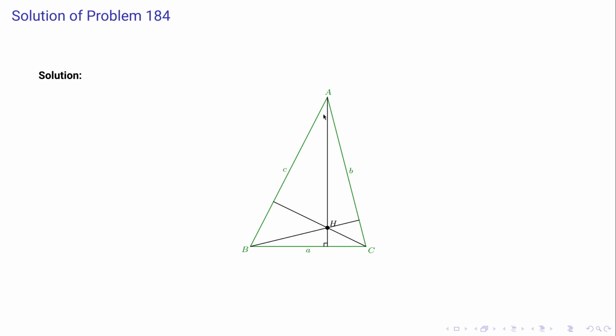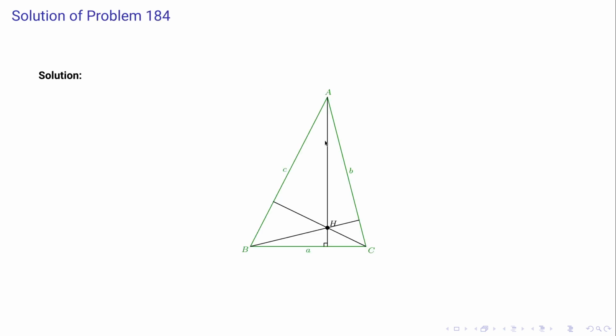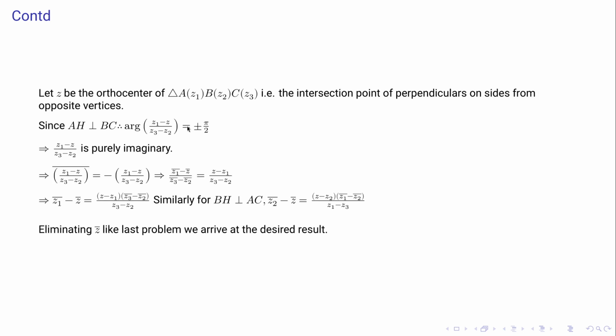You see, Z1 minus Z would be this complex number, and Z2 minus Z3 will be represented by side BC. Z minus Z1 will represent AH. So the argument can be either pi by 2 or minus pi by 2. That depends on the diagram and the location of the center, because you can consider a mirror image of this, in which case A will be at the bottom, and then it will be a different sign of the argument.